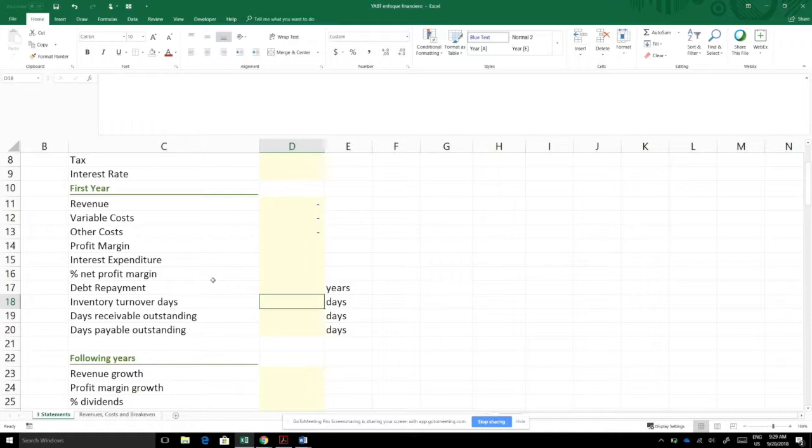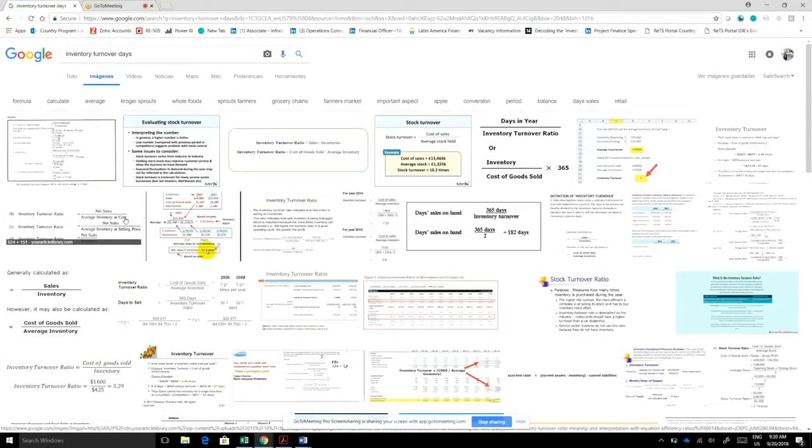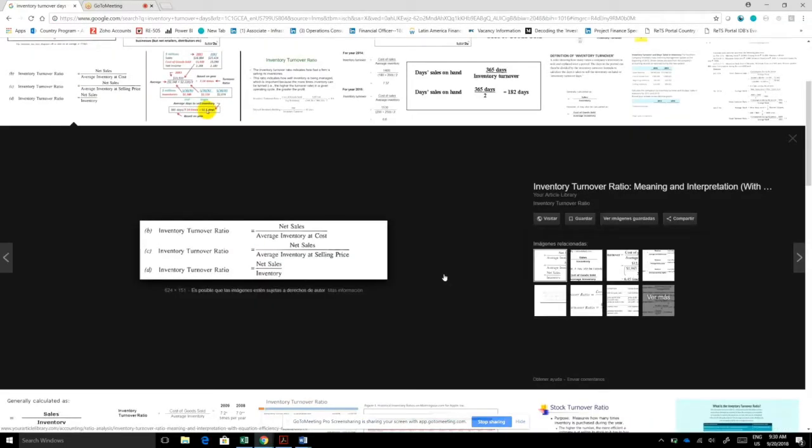Inventory turnover days, this is a formula that I have. So there we have your net sales over the average inventory at cost, and then you're gonna get the inventory turnover ratio. And for getting the days, you do 365 over that.